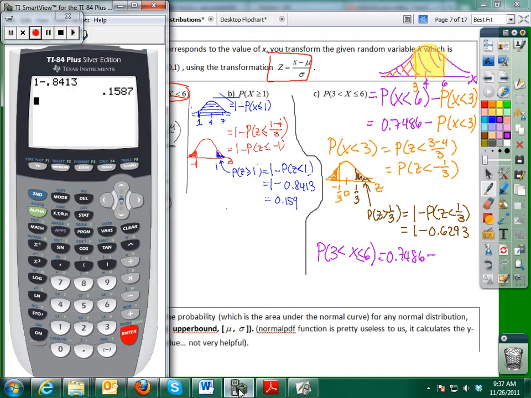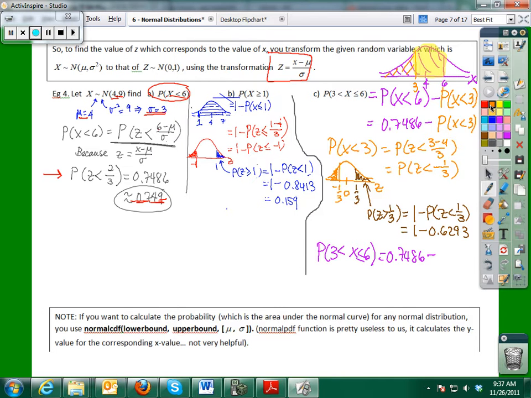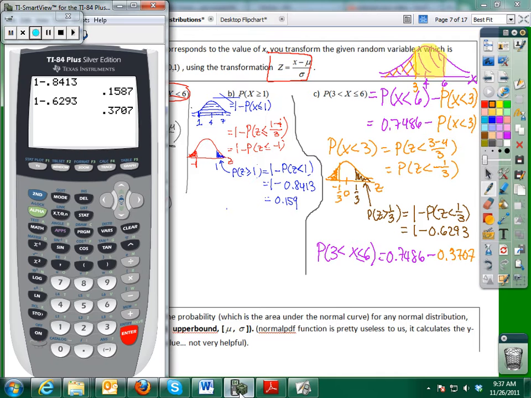I'm going to use my calculator for that again. So I've got 1 minus 0.6293, and I get 0.3707. Is that what I said? That doesn't sound right. Oh, it is right.